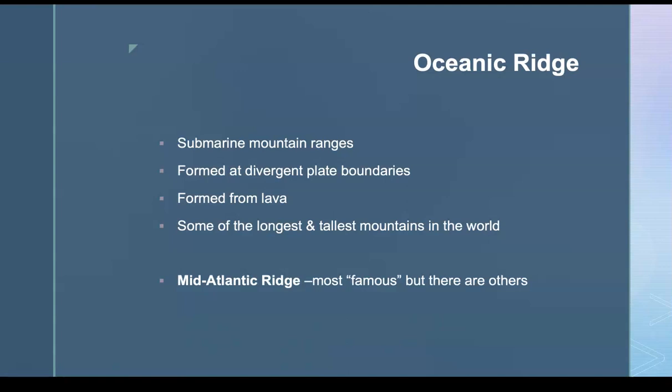Big, big, big. A divergent plate boundary means it's pulling apart. So what's happening is that the ocean floor is cracking open and new material is coming out. Lava is coming out at the surface, and it's building up this mountain continually. And again, every so often it breaks the surface of the earth and we get an island.